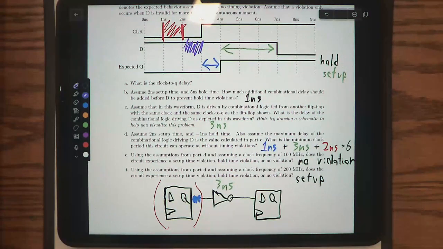Yes, exactly. Is there a special name for a violation if your combinational logic takes too long? If your combinational logic takes too long, then that would be a setup violation.